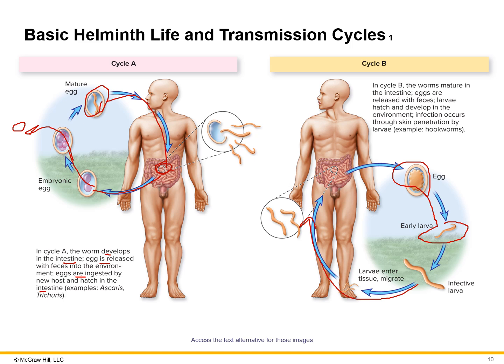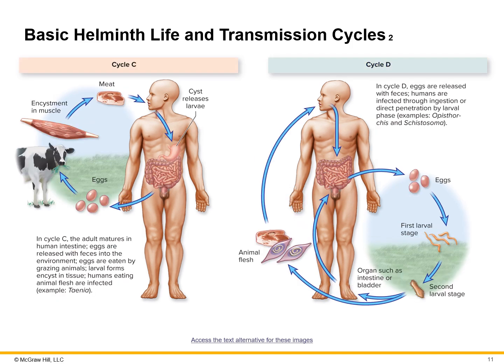That's going to come in, and then eggs are produced in the intestine, and so on. So again, in cycle A, eggs go in, eggs come out. But in cycle B, the larva comes in, and then the eggs go out. Then they can develop outside of the host in the environment.